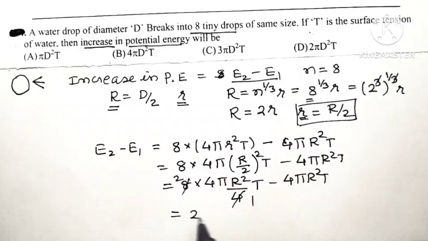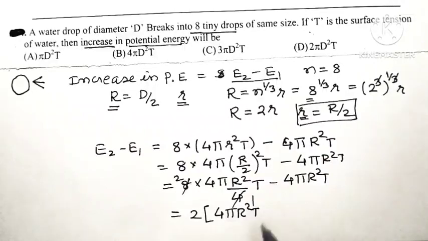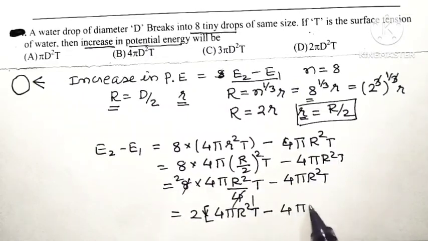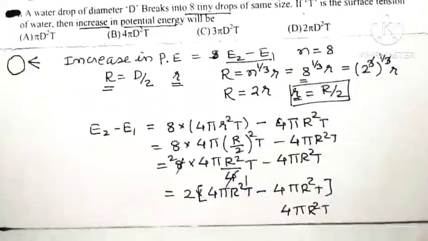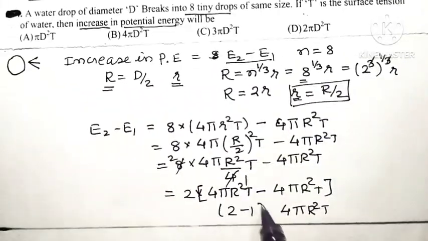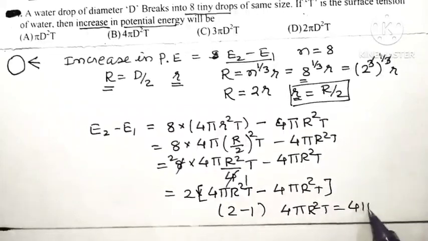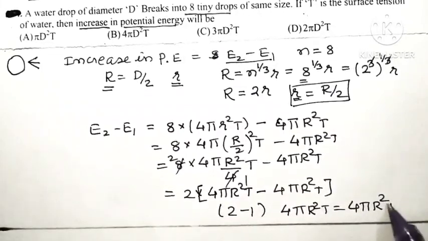So this is 2 into 4 pi R square into T minus 4 pi R square into T. You can take 4 pi R square T as common. So what is inside the bracket? It is 2 minus 1, or it is simply 4 pi R square into T.